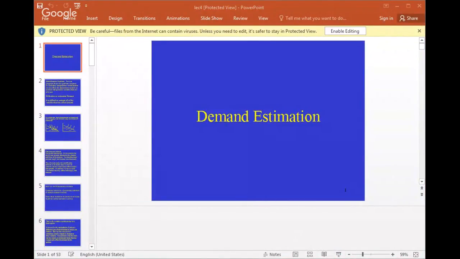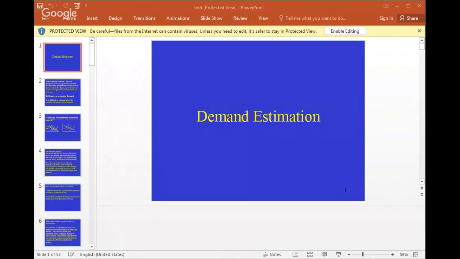Okay, so we're going to do demand estimation today. Let's start. The first thing we need to worry about is something called an identification problem. For our purposes, it is a problem incurred by including independent variables, the stuff that affects demand, that do not affect the dependent variable, that is demand, or excluding independent variables that are relevant.